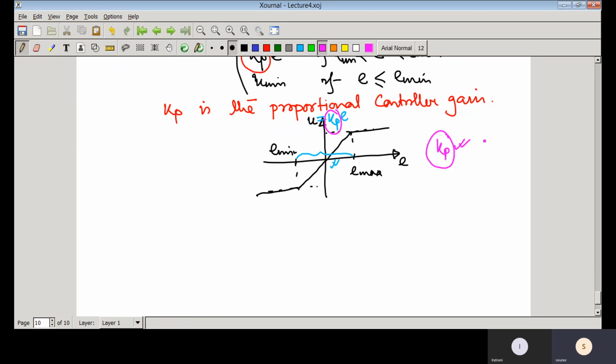The interval E min to E max is called the proportional band.